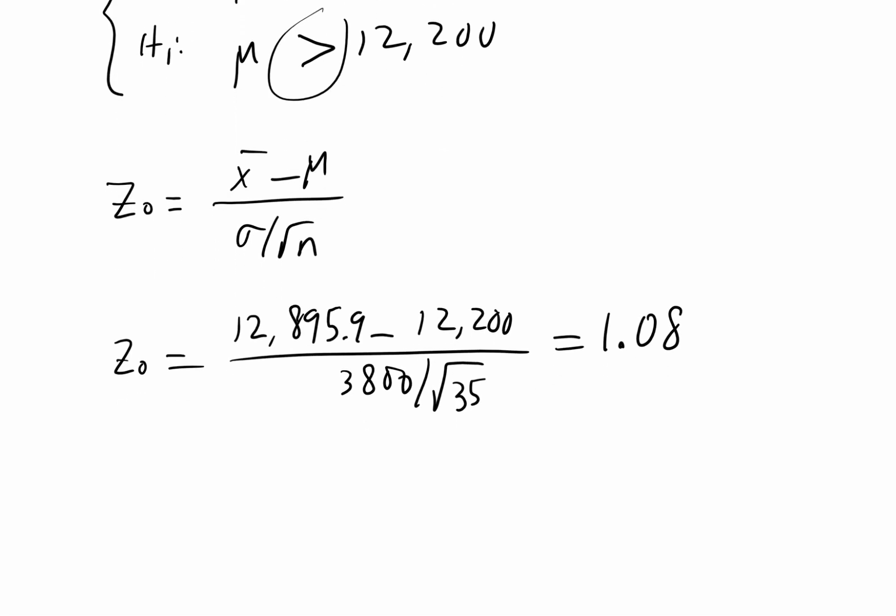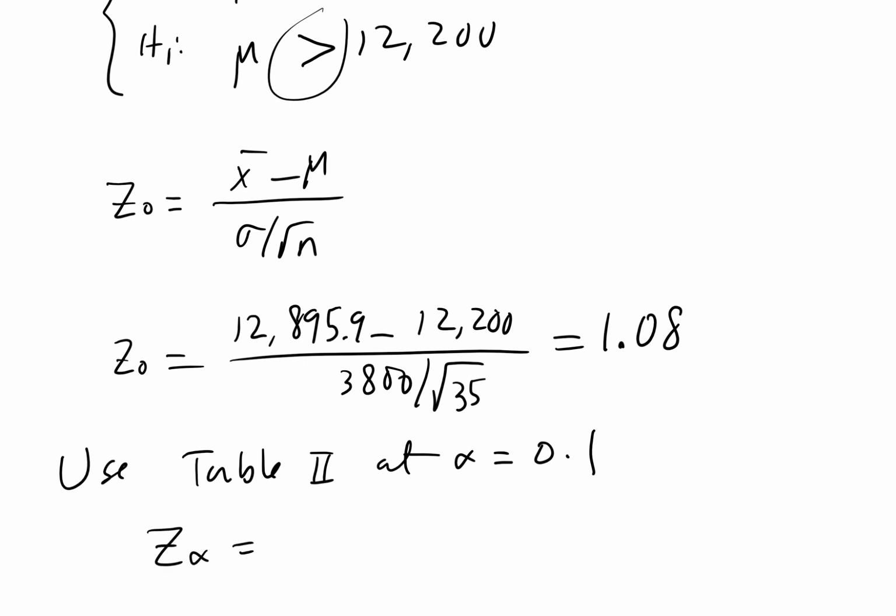Okay, now we're going to use table 2 at alpha equals 0.1. So you go to table 2, either in the front or the back of the book, and look in the body of the table for 0.1. And then from there you will find the Z value, Z sub alpha.